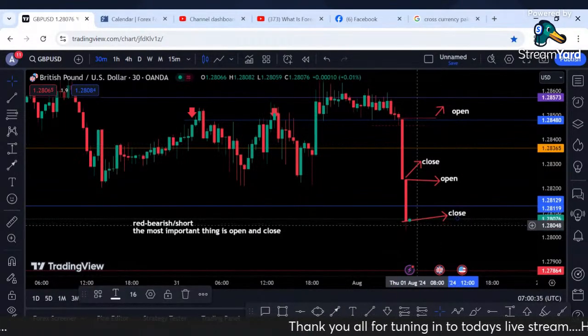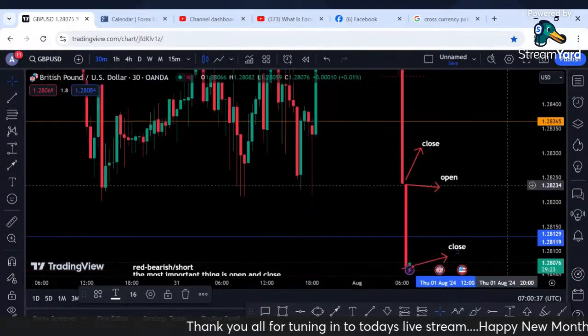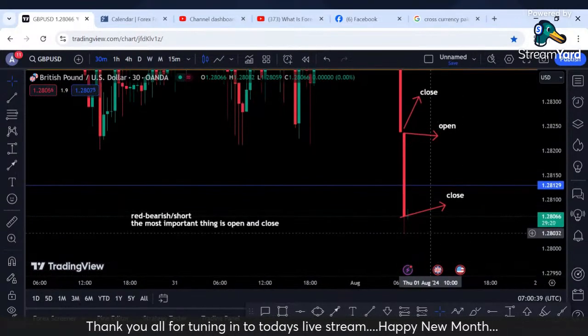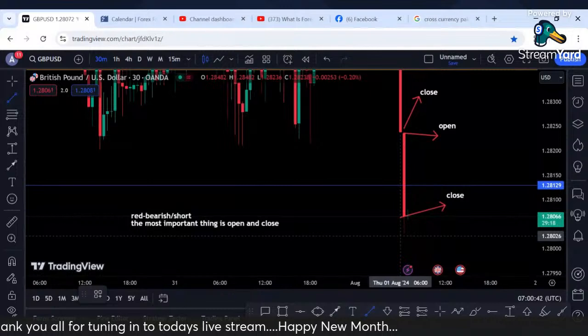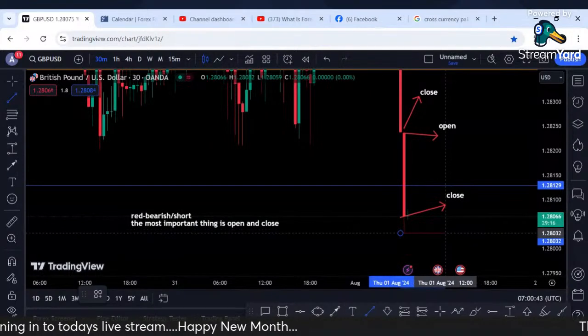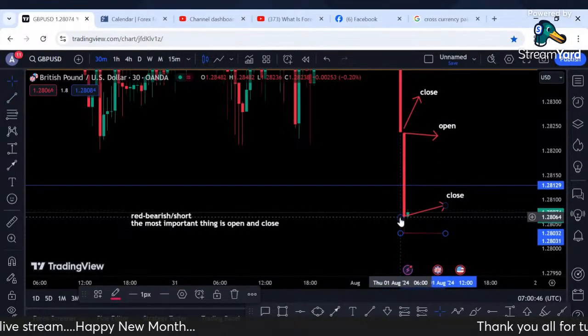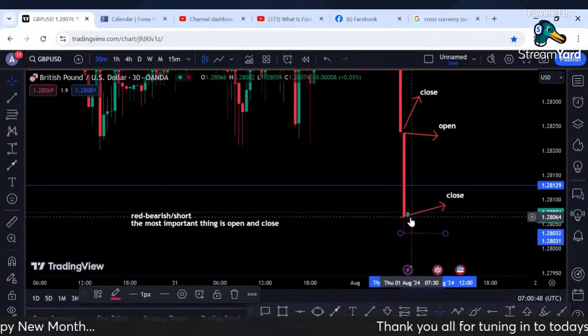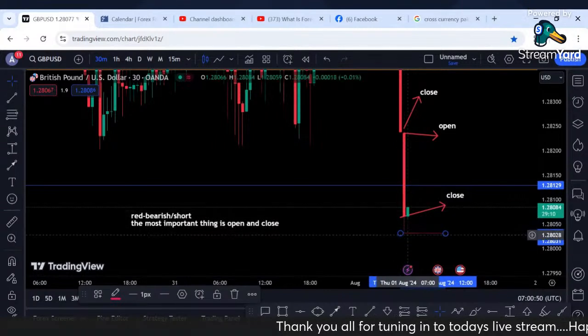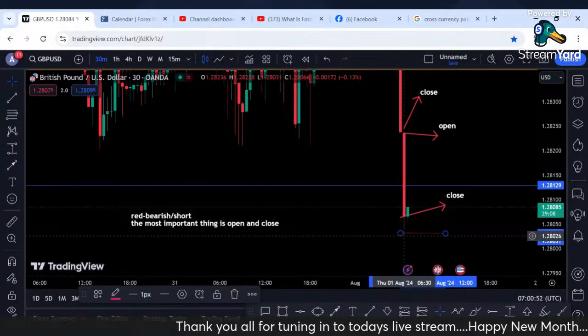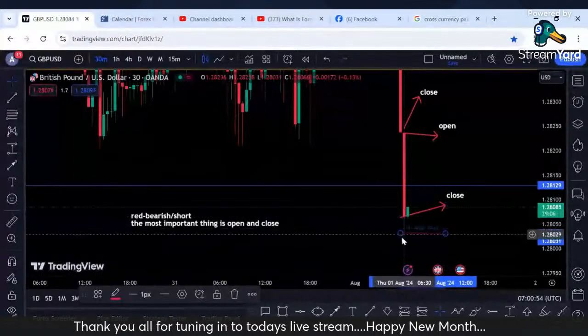You see price go to this side before it closed over here. Doesn't mean the closing price is here. The closing price is here.